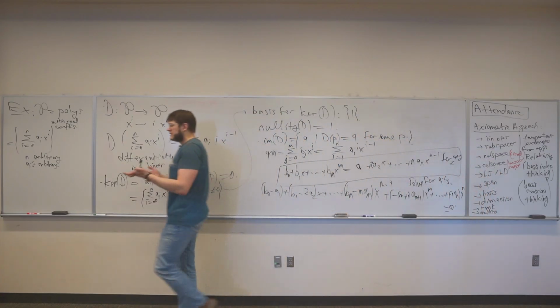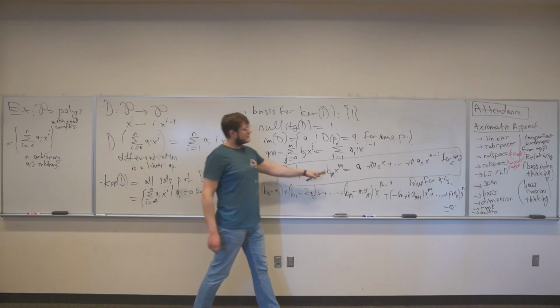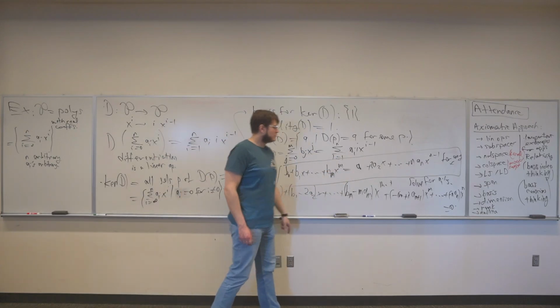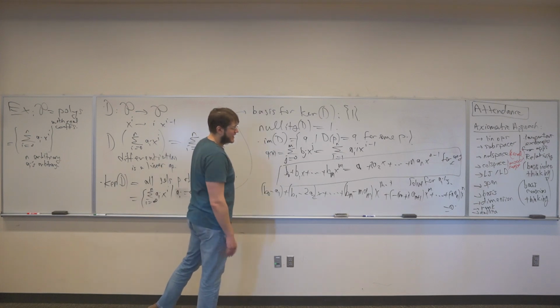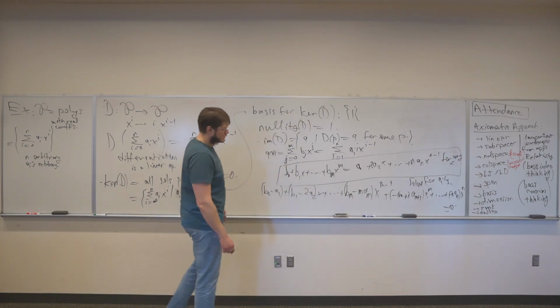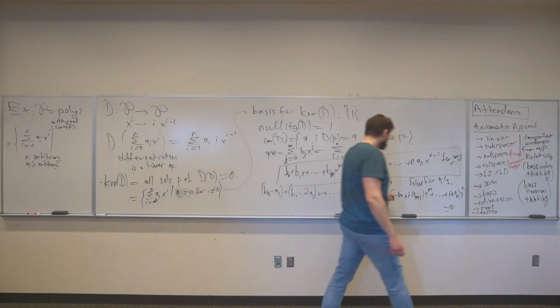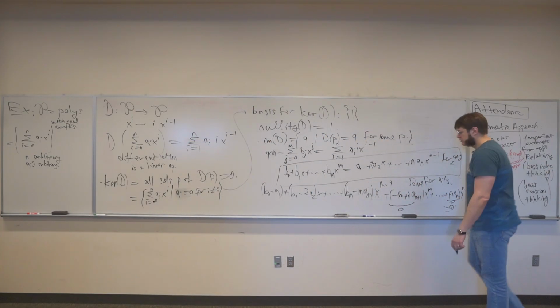Here I realized, as I was doing this, that in order for this to have a solution, it has to be the case that n is after m, because otherwise I'm not going to have some terms for an arbitrary thing. And so really, these are going to be 0, of course. This is also 0.